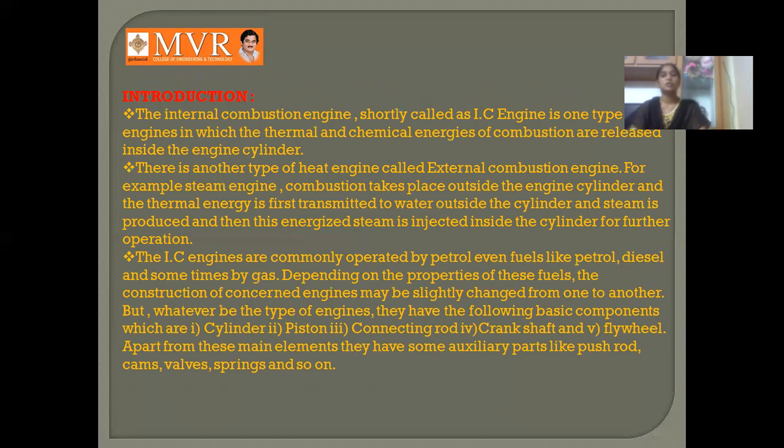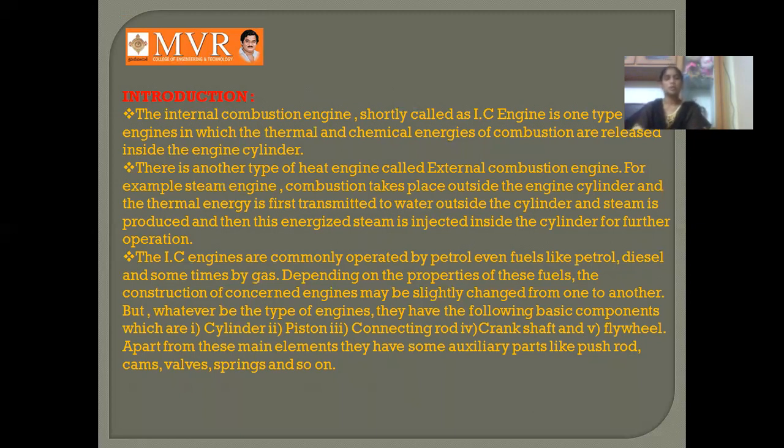Internal combustion engine is where the thermal and chemical energies of combustion are released inside the engine cylinder, and is called an IC engine. And there is another type of heat engine, the external combustion engine, where the thermal energy is released outside the cylinder. It is called an external combustion engine.